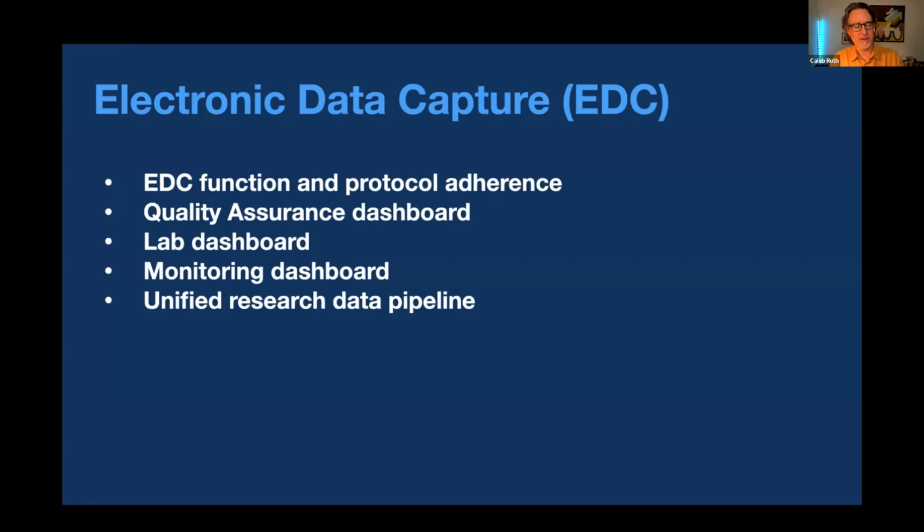The idea being that you have data which is generated, captured, and goes through a QA process for review. Then that data gets processed into a data set that's available for analysis. And then finally, that data gets put into a data repository so that the analysts can perform their analysis of it. And that's what the unified research data pipeline is for.